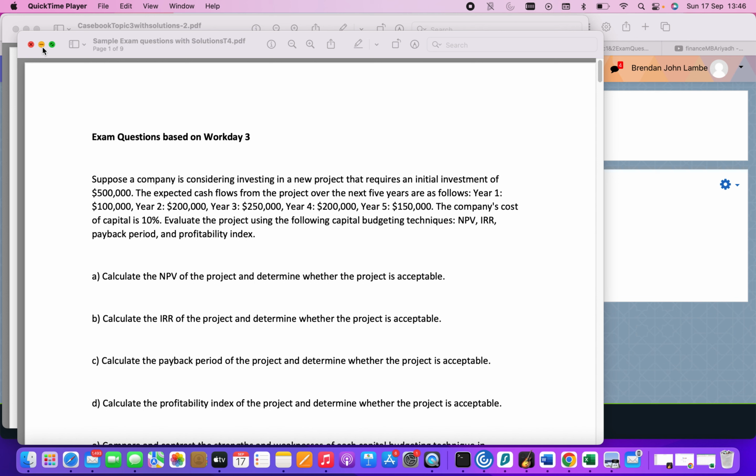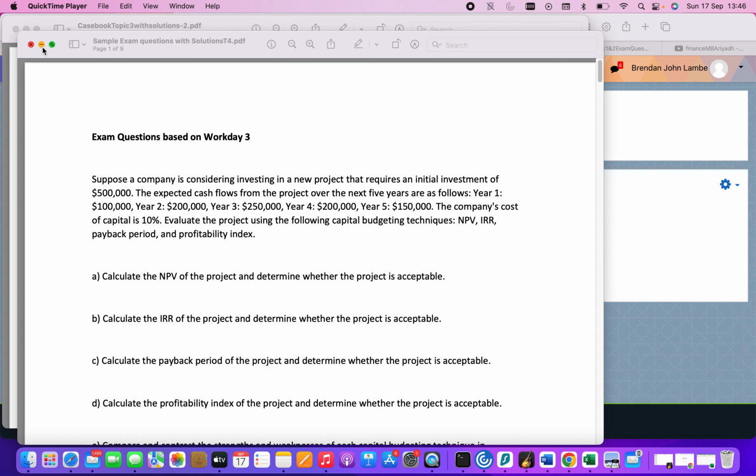So these are the techniques that we use in order to be able to ascertain whether a certain project is a worthy investment. So you can use this for lots of different areas within your own department or even within your own personal life.